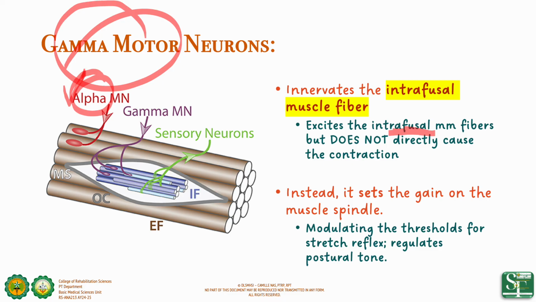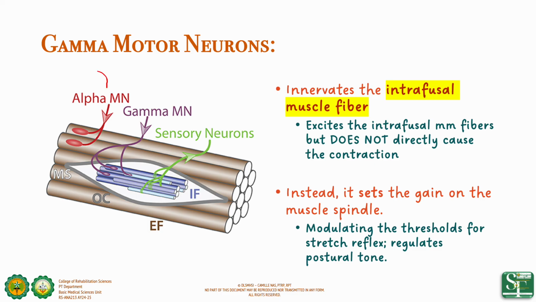No, si alpha is for the extrafusal, which looking at the picture makes sense kasi, tingnan nyo, si alpha nasa labas yung synapse niya. So ang ma-excite niya is the extrafusal. Okay? Pag na-excite, contraction. Okay, this will produce contraction.